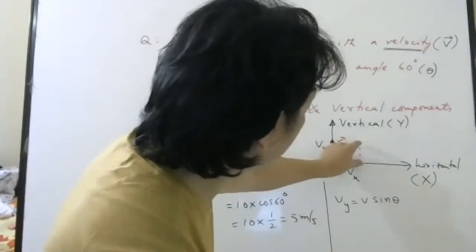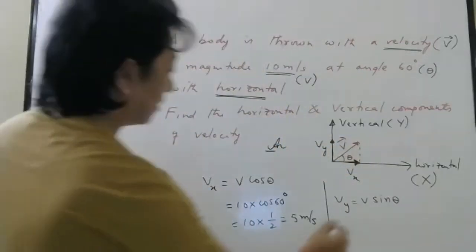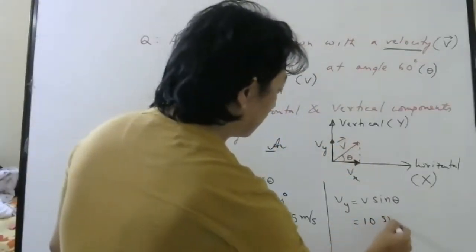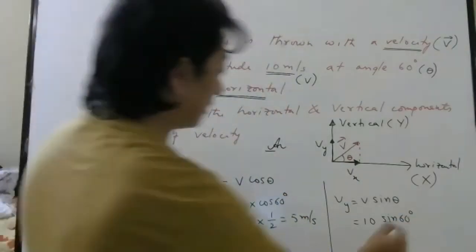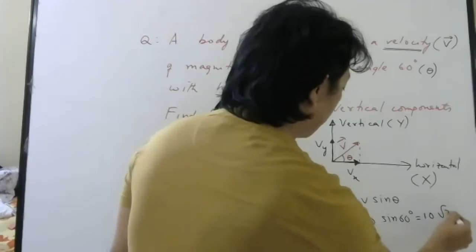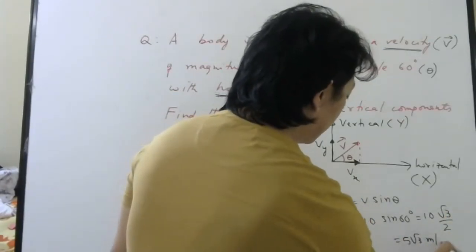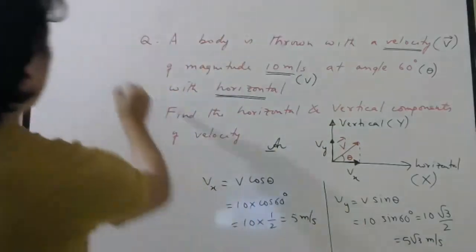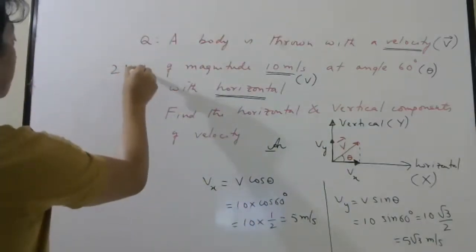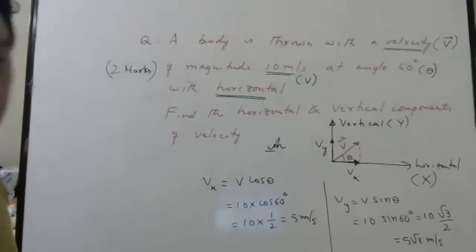This side is same as this side. So that will be 10 sine 60. That will be 10 root 3 by 2. So that will be 5√3 meter per second. So this usually comes for your 2 marks in your exam. Okay.